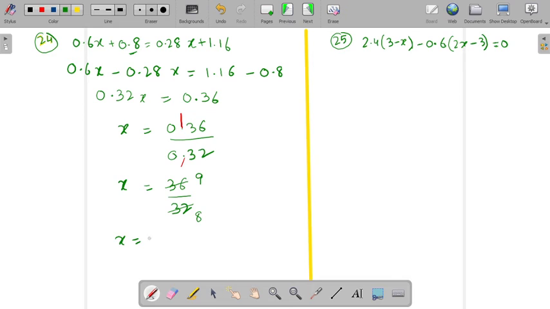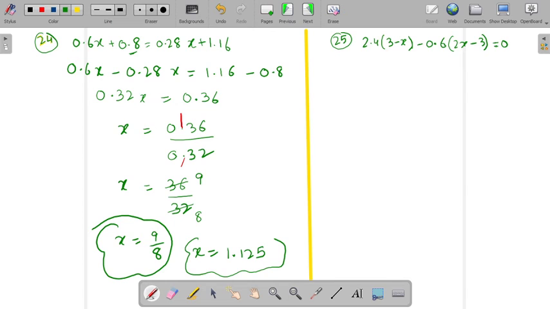So x will be 9 upon 8. Since the question is in decimal, it would be better if you write the answer also in decimal. But it hardly makes any difference if you keep the answer in fraction also. So if you put it in decimal, this will be the answer. So both the answers are right.